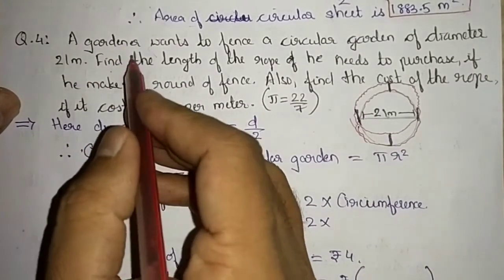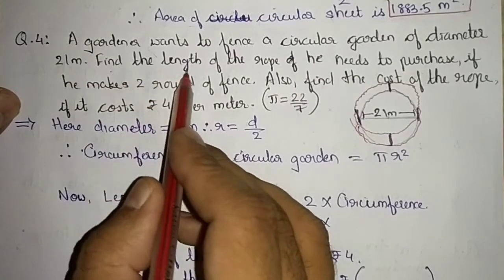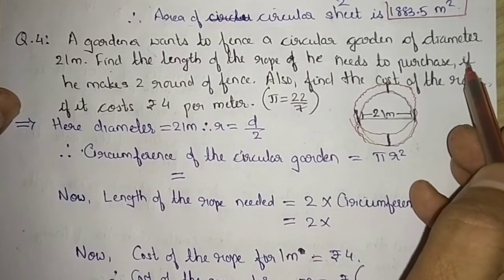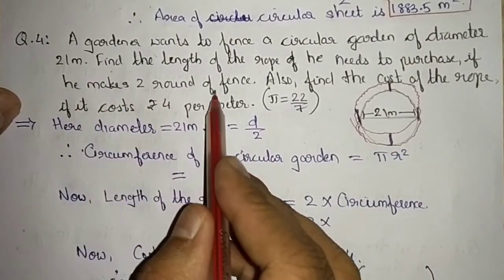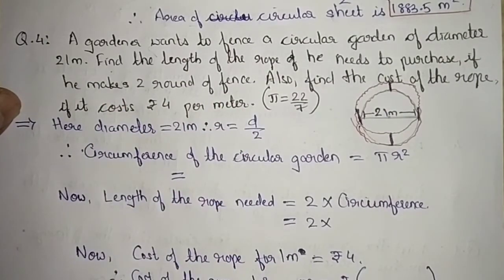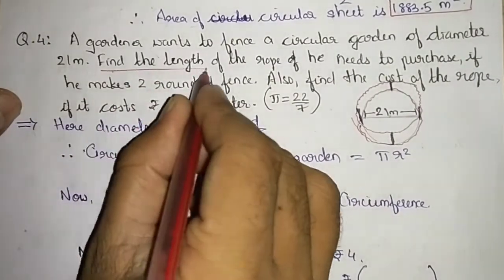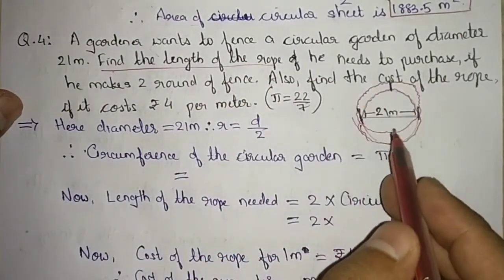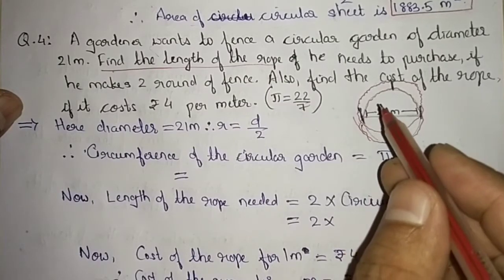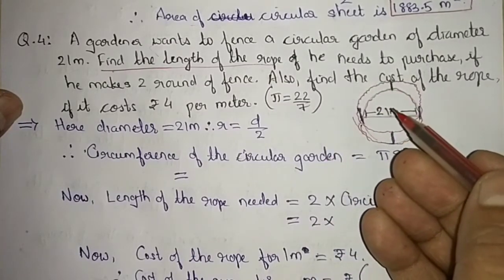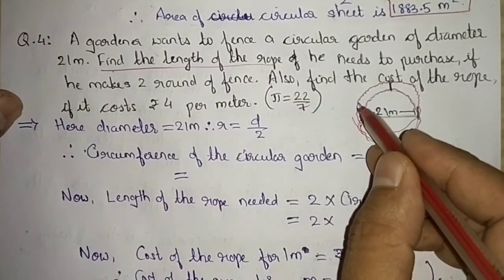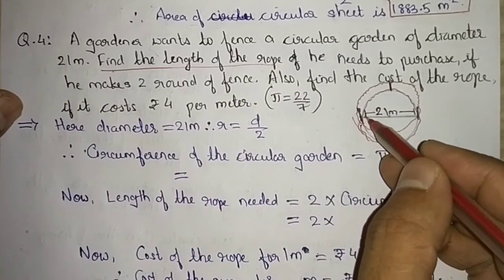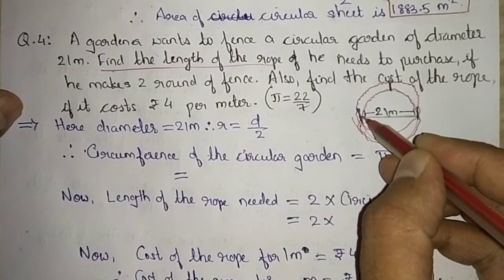Find, next part, find the length of the rope he needs to purchase if he makes 2 rounds of fence. They have told us to find the length of the rope which he needs to purchase, and he will make 2 rounds of that. That means if he starts from here, he will end up here, and again the next rope will be a little bit below.